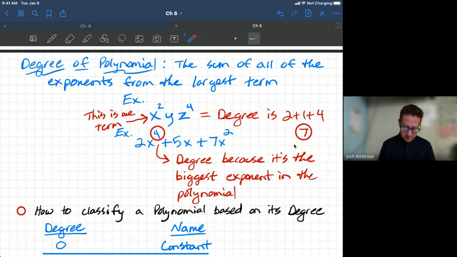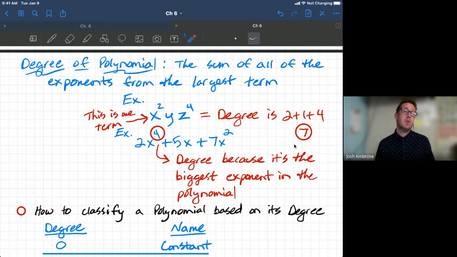In this example, that's one term, meaning it's a monomial. We have a 2 from that 2, a 1 from this, and a 4 from that 4. Add the 2, the 1, the 4, and that gives you a degree of 7.